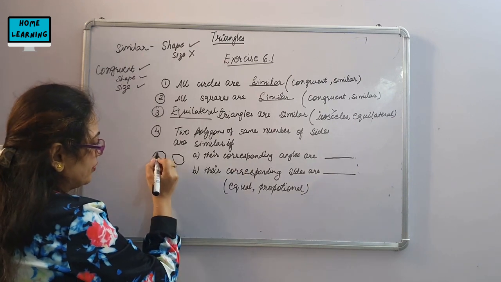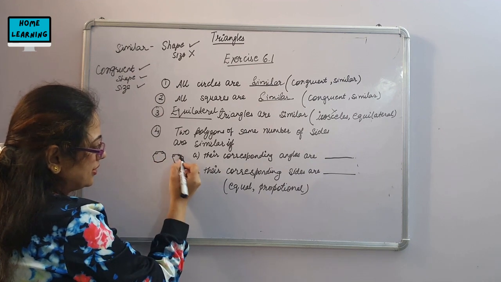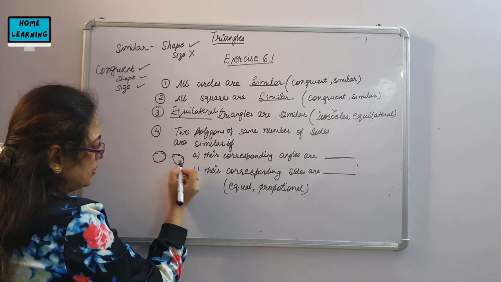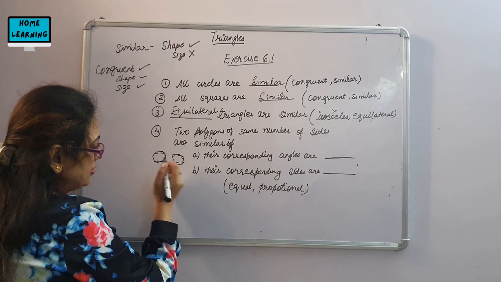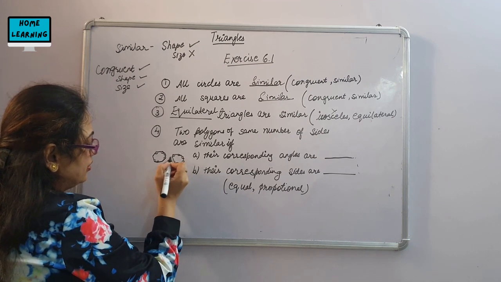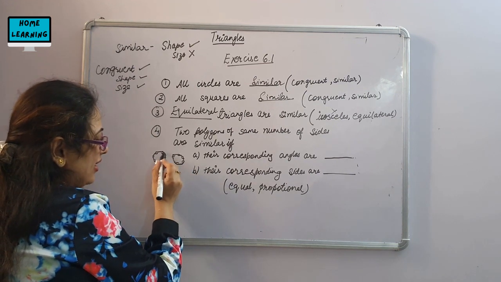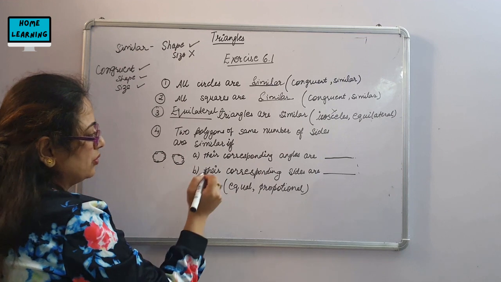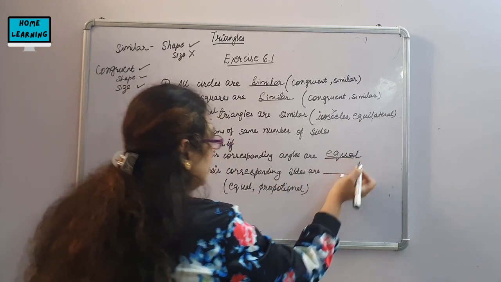Corresponding angles. This one and this one, this one and this one, this matches to this. This shape will only be formed when these angles are exactly the same. So corresponding angles have to be equal.